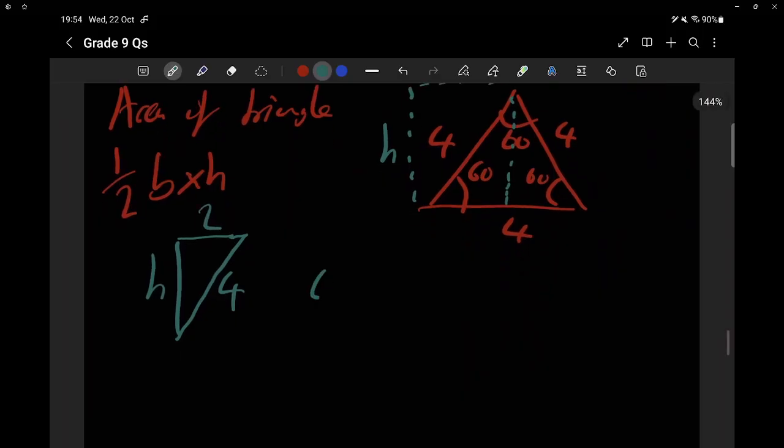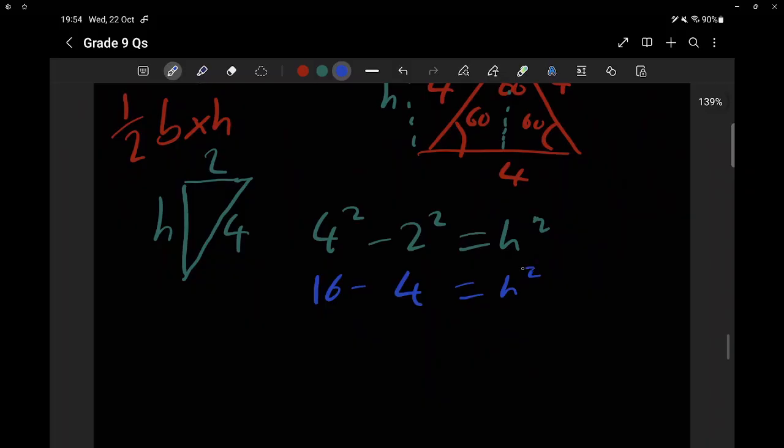So to find the height, it's 4 squared minus 2 squared is equal to h squared. So 16 minus 4 is 12. Square root of 12 is h. Square root of 12 is root 4 root 3, which is 2 root 3.